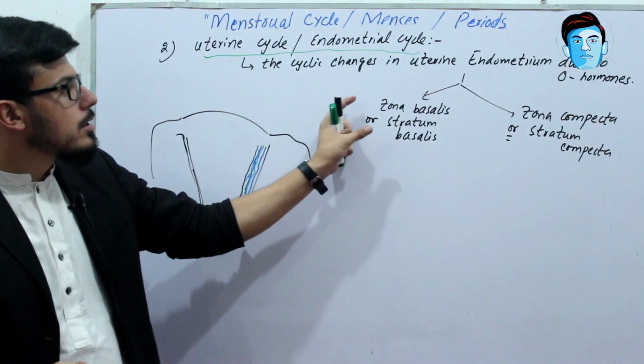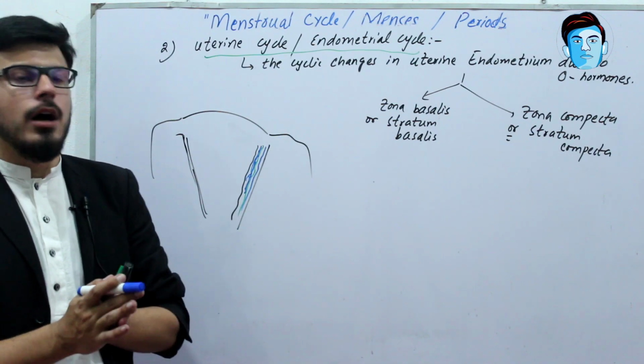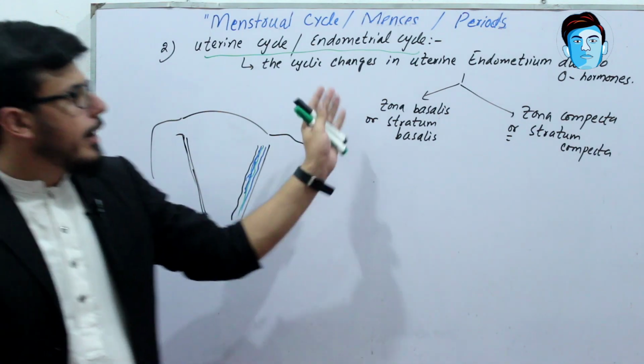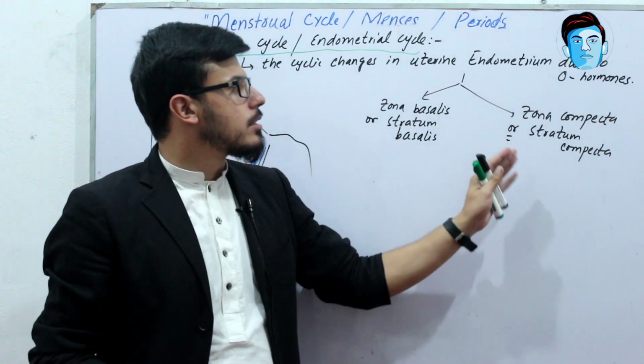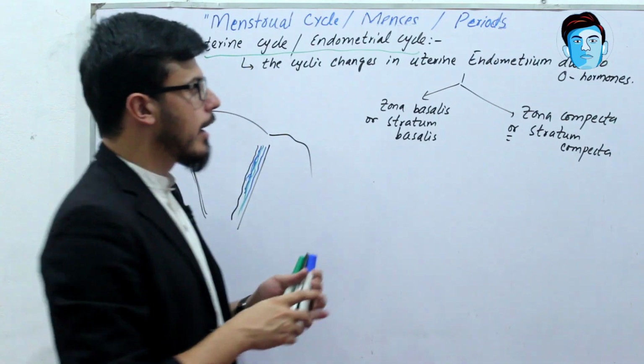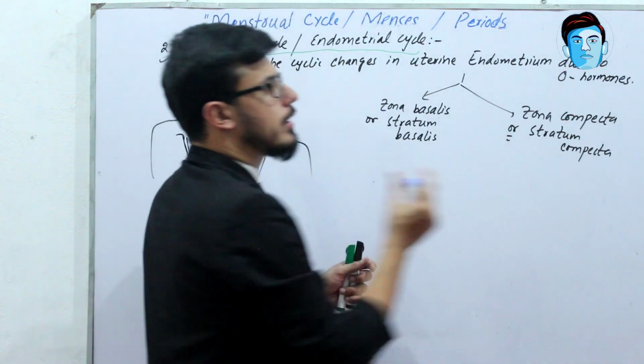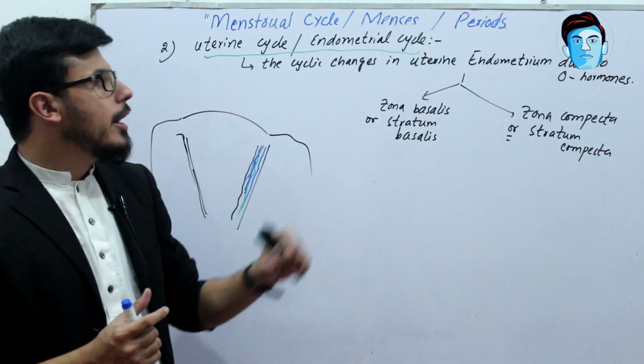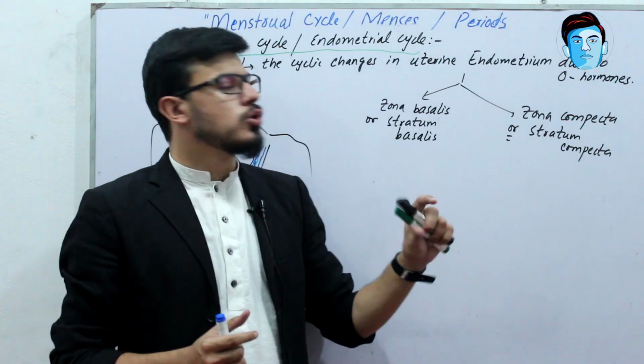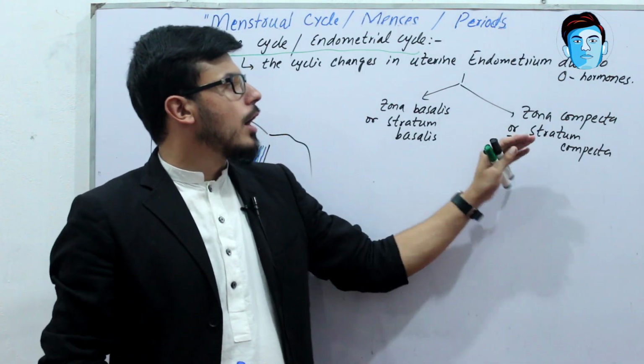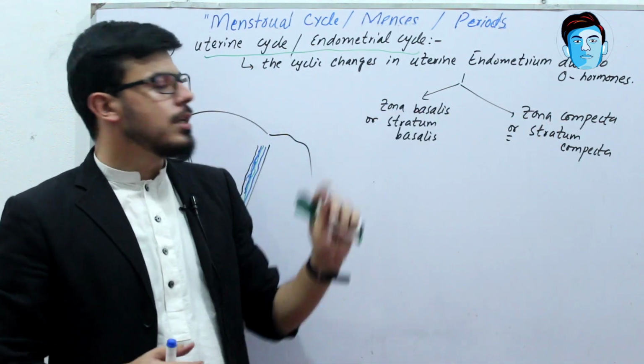It is the layer where there are no changes. On the other hand, zona compacta is a very important layer where all the cyclic changes occur in the uterus.